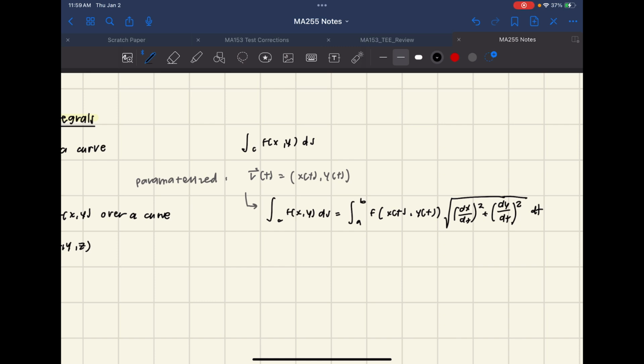That's your formula, and this reduces the integral to a single variable integral over t.